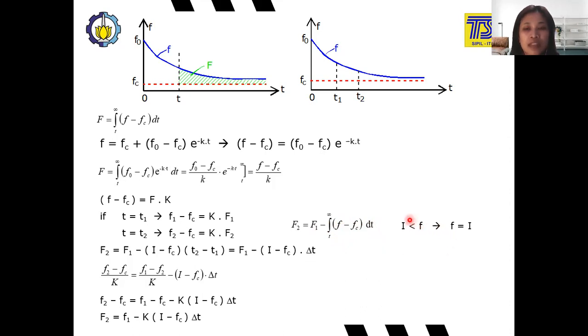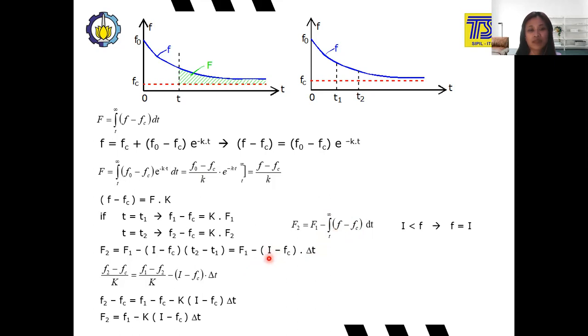And if the rainfall is less than the infiltration capacity, the infiltration becomes equal to the rainfall, because all of the rainfall is going into the soil through infiltration. That's why we change it to f equal to i. Then we change this equation from f to i.